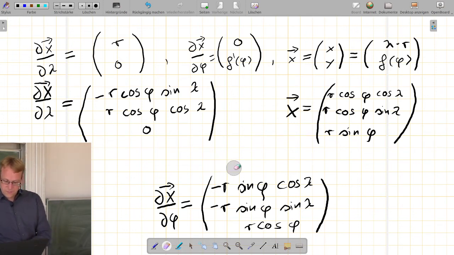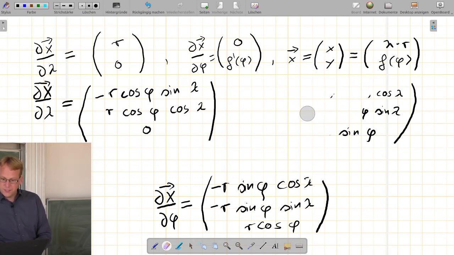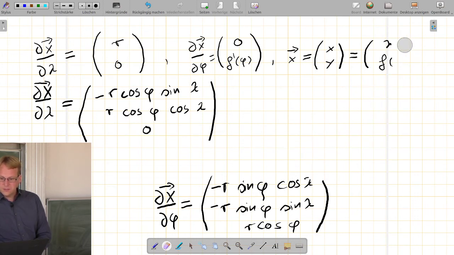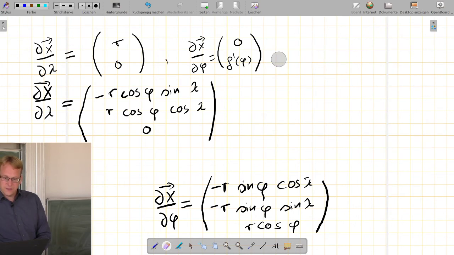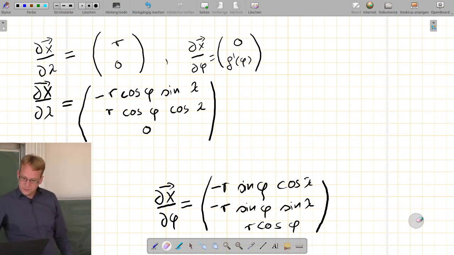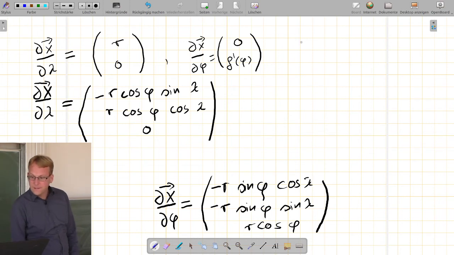And now I'm erasing this to have a little bit more space. What we need is, of course, also the squares of this. I mean here, this is actually pretty simple. Here we have dx by d lambda squared, and that is exactly r squared.